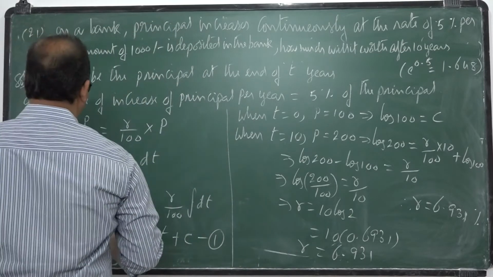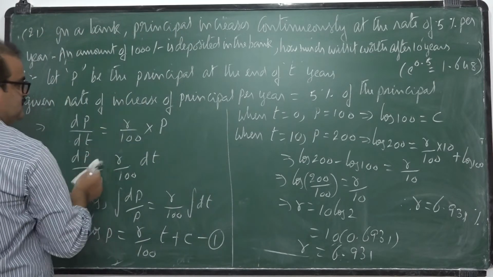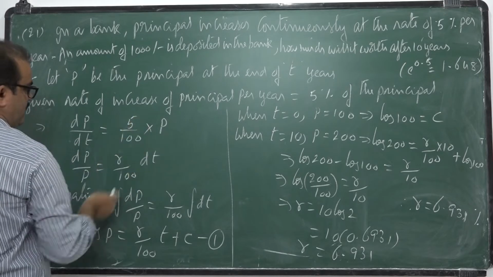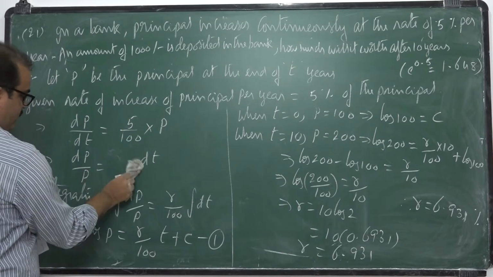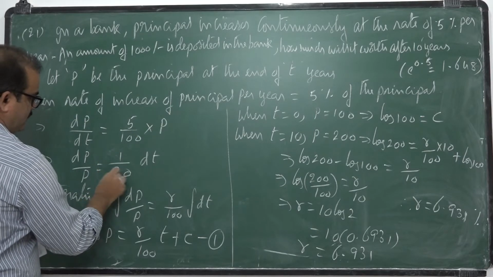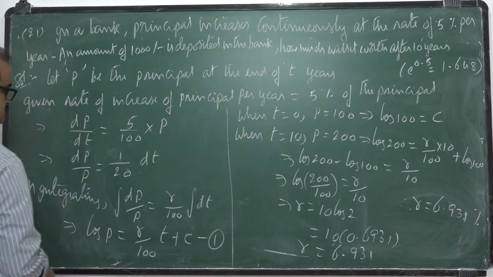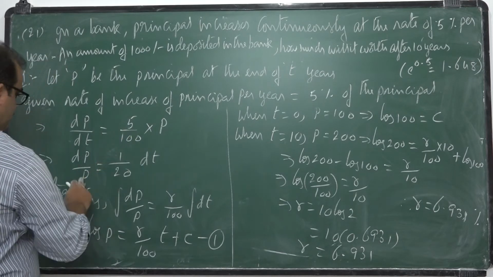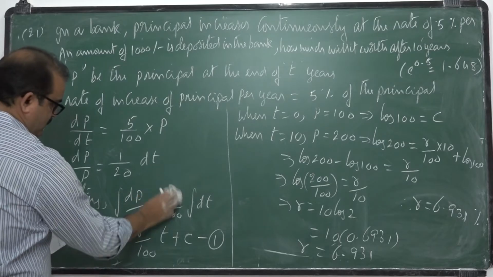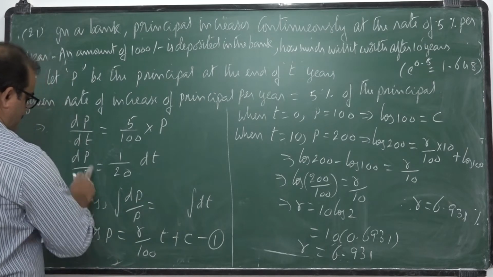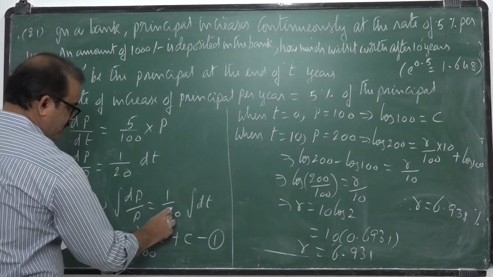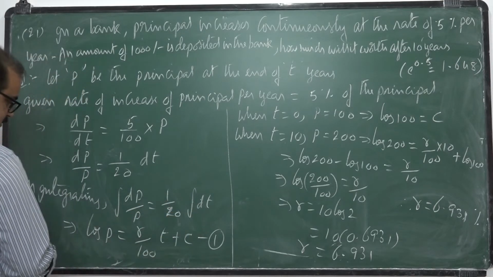Put r is equal to 5. Rate of increase in principal dP by dT is equal to 5%, means 5 by 100. 5 by 100 is taken as 1 by 20. Here also separate the variables. Integral dP by P is equal to 1 by 20 into integral dT.